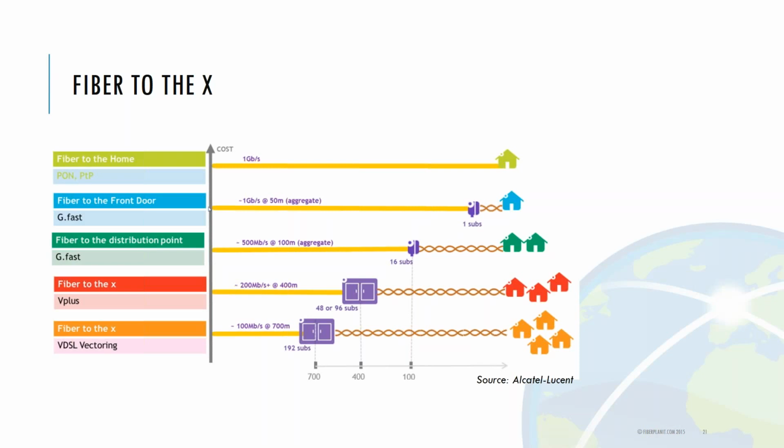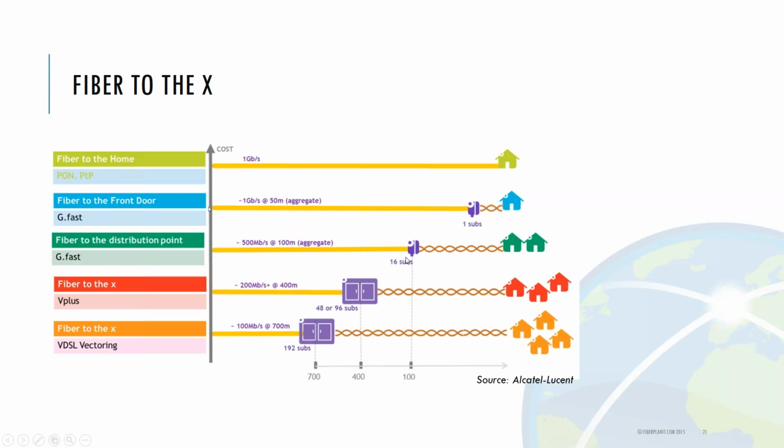Okay, introducing vectoring on that without bringing extra fiber could already increase the bandwidth that we can offer. But if we, for example, also shorten the copper loop length to 400 meters, we could deploy V+, which could increase the bandwidth to 200 megabits.